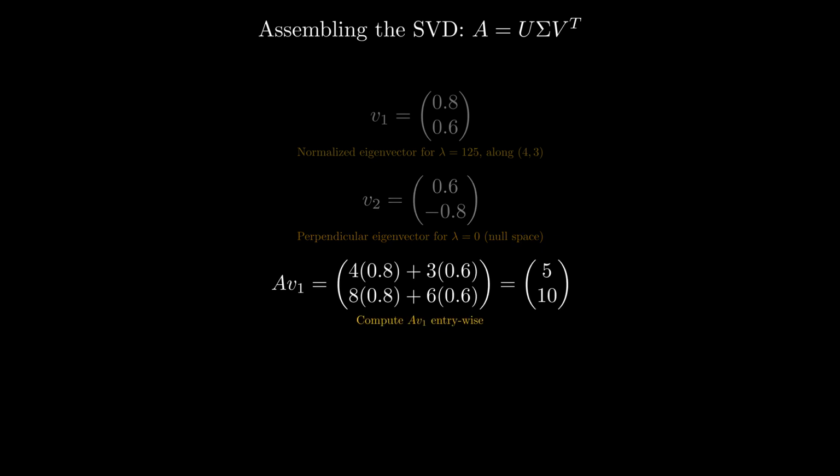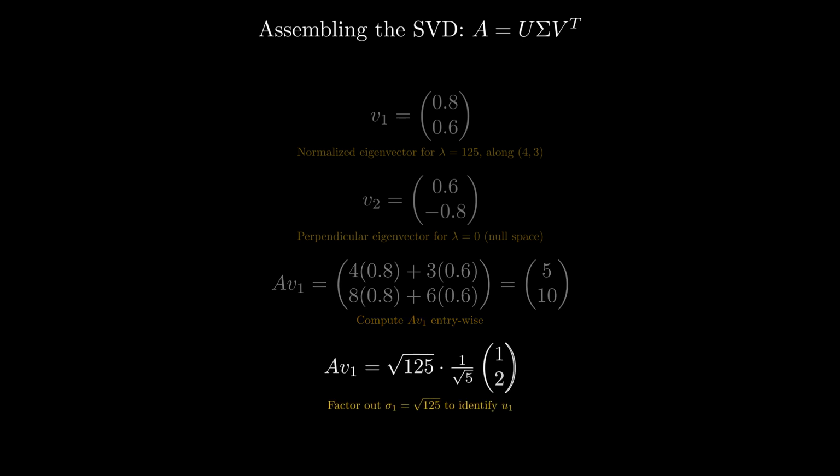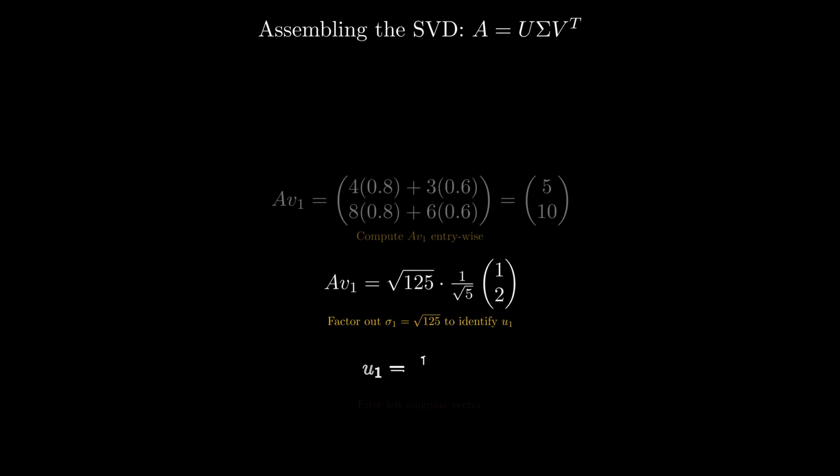Next, for U, we compute A times V1. The first entry is 4 times 0.8 plus 3 times 0.6, which equals 5. The second entry is 8 times 0.8 plus 6 times 0.6, which equals 10. So A times V1 equals the vector 5, 10. And that's the same as the square root of 125 times 1 over the square root of 5 times the vector 1, 2.